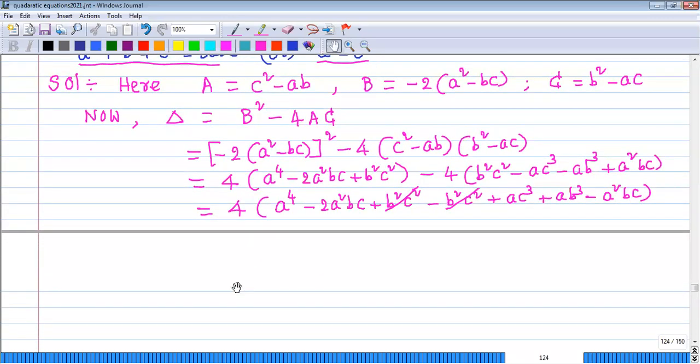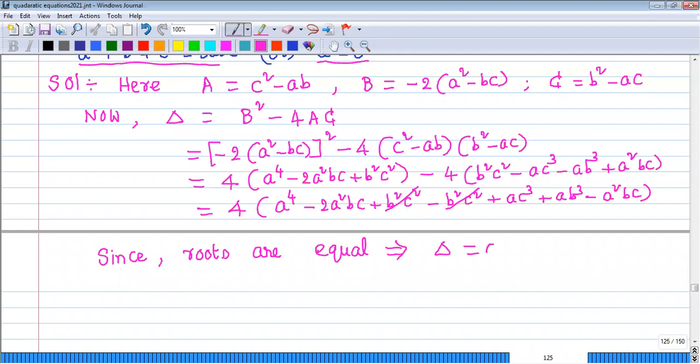See the next step. Now since the roots are equal, that implies the delta must be 0.